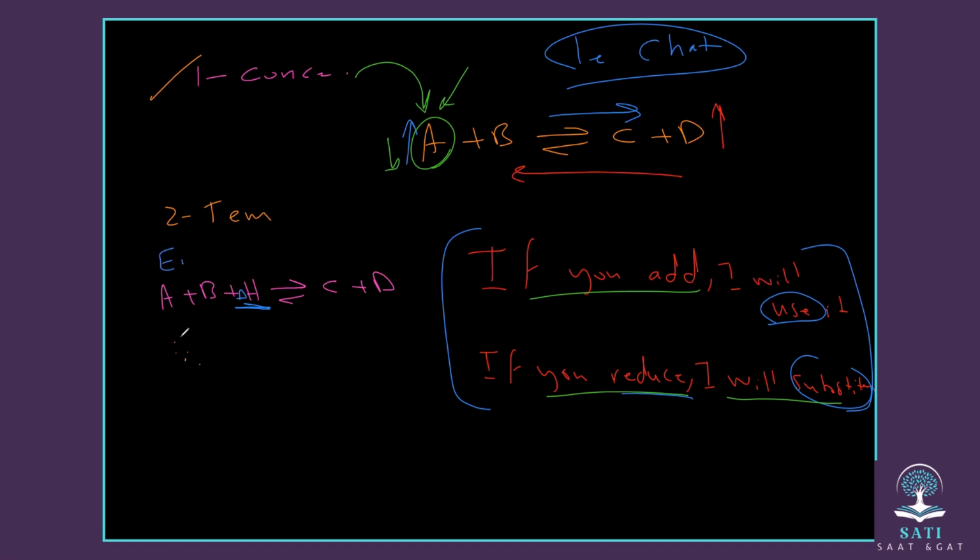What about an exothermic reaction? It is A plus B gives me C plus D plus heat. So in exothermic, the heat is a product, and in an endothermic reaction, the heat is a reactant.